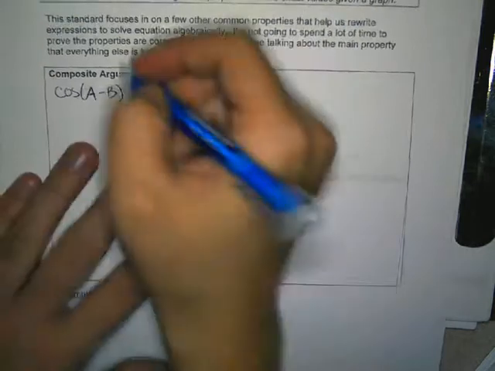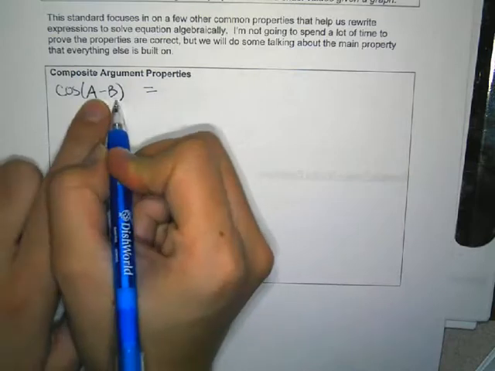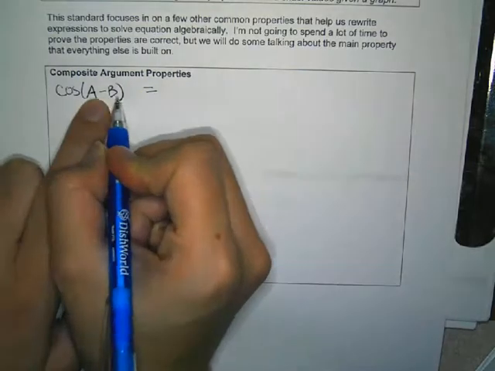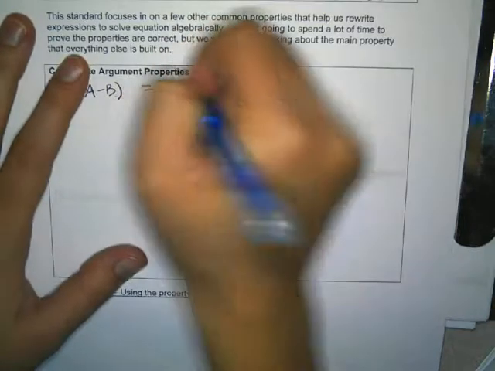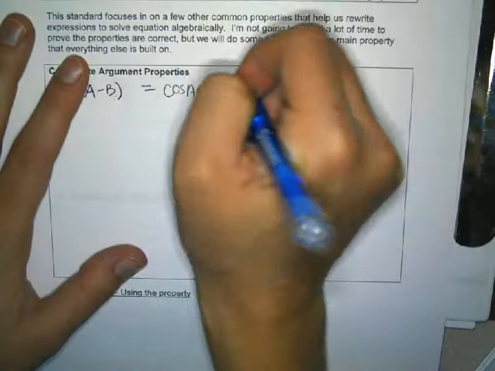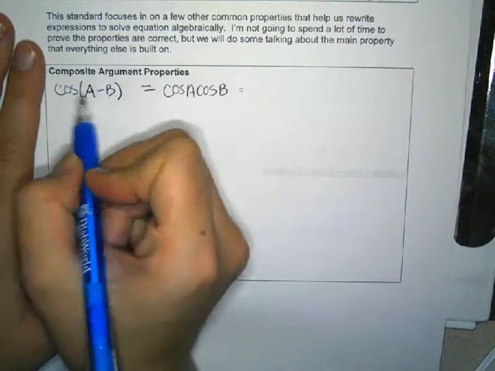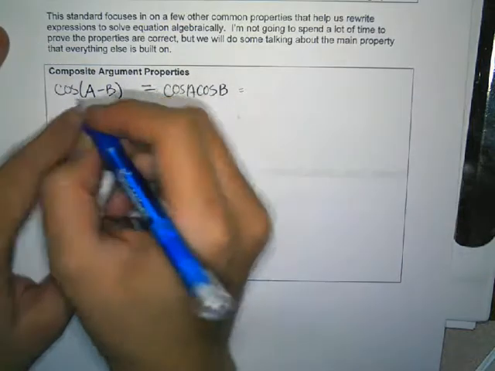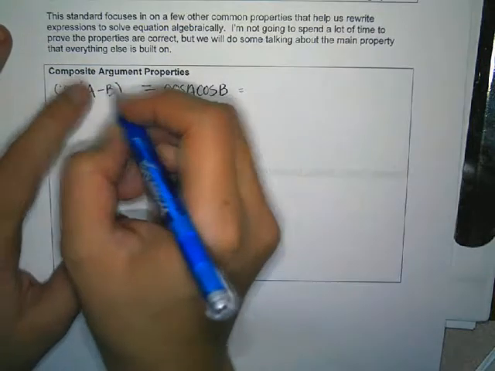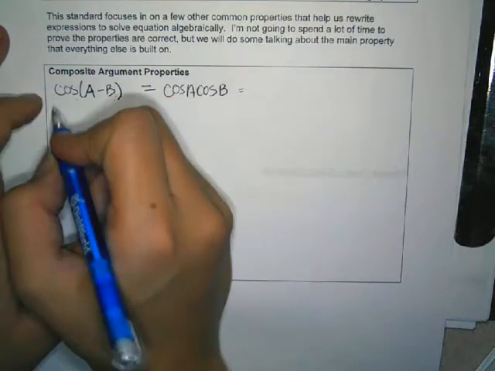Okay, the composite argument property says if you have cosine and you're subtracting two things in the argument, then the cosine doesn't distribute. This does not become cosine A minus cosine B. Cosine is a function of this argument. It doesn't distribute. But we can make this look different using a property.